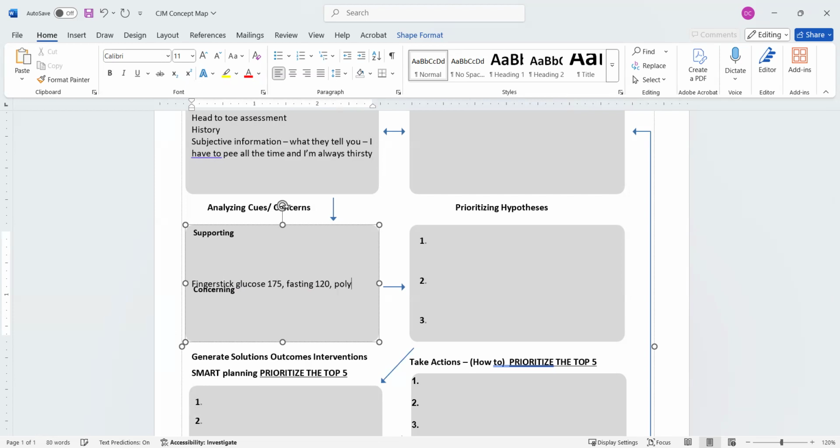Polydipsia, like they drink a lot. Polyuria, yeast infections. What might be concerning might be decreased fetal movement.